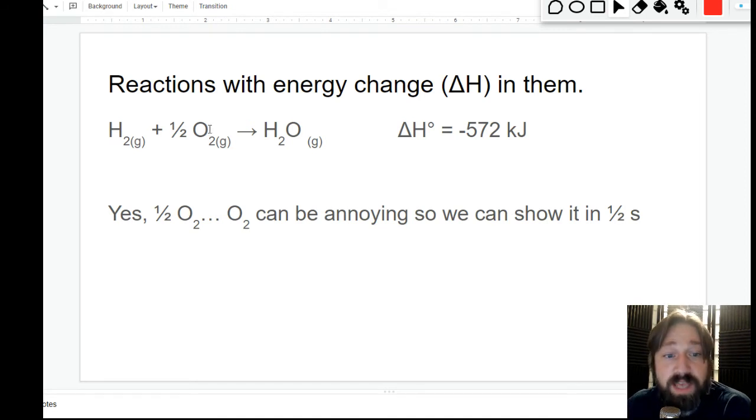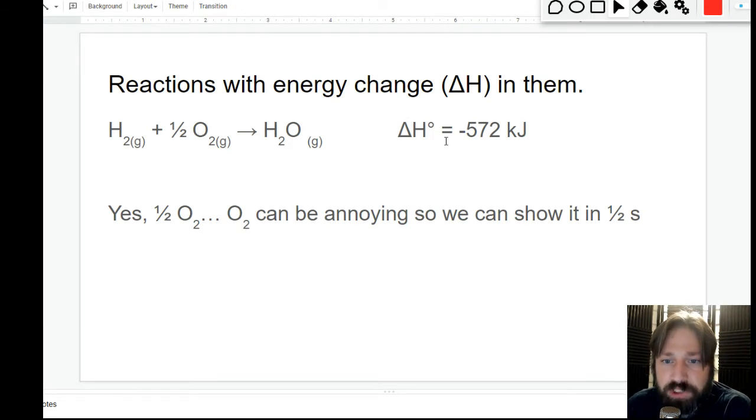In this case, it's hydrogen and oxygen. So you have H2 and O2 because those are your elemental forms of hydrogen and oxygen. You put them together, you make the thing, and how much energy does that specific reaction either give off or absorb? So that is the rundown of what a heat of formation is. So that's what we have here.